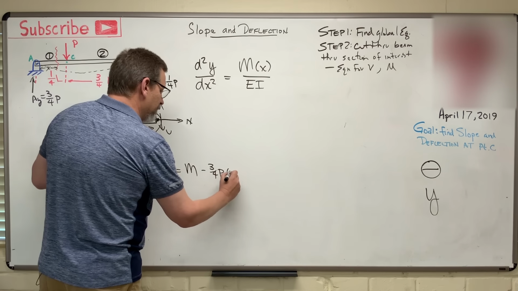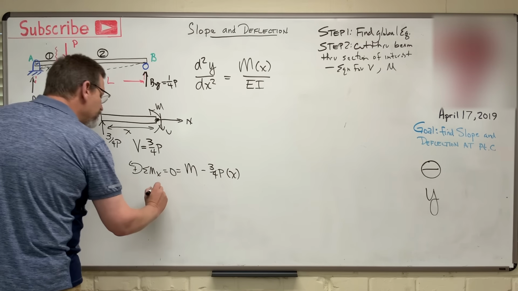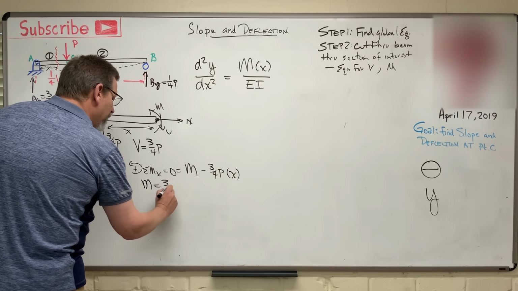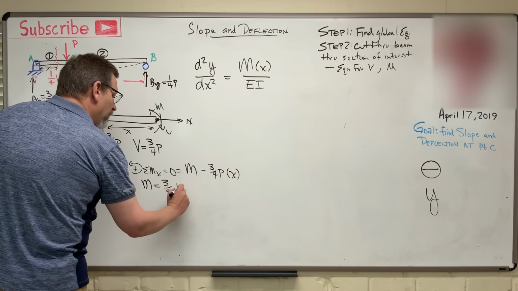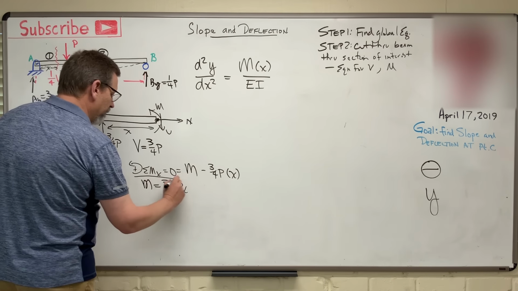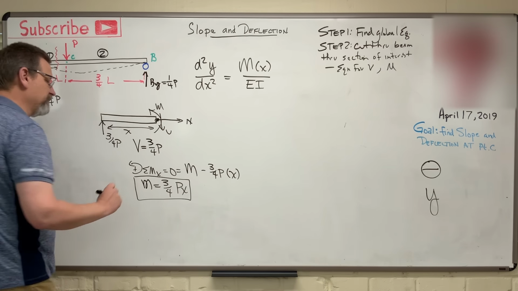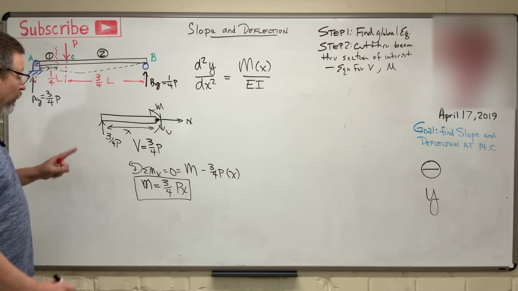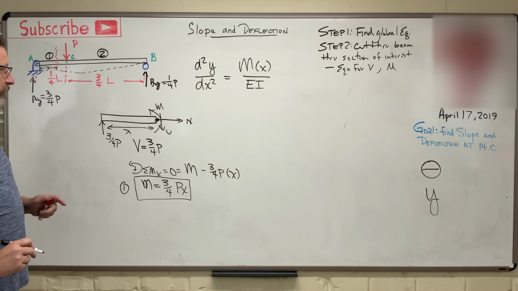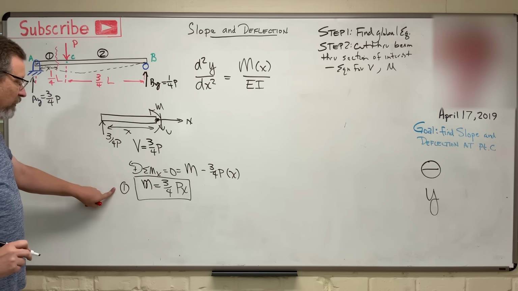Times X, okay? So M is equal to 3/4 P times X. And there it is. Okay? There's an equation for moment for section 1, right? That's the moment for section 1. Okay? So we needed that equation.